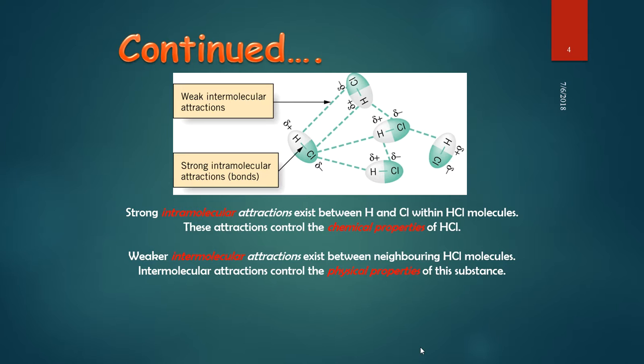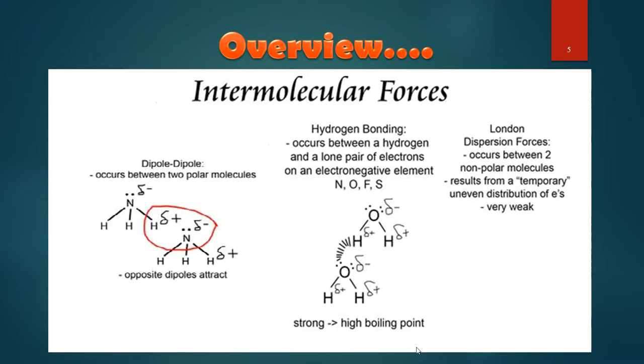It is a weak interaction between molecules, but the strong intramolecular attraction is made from a bond. For example, intramolecular attraction exists between H and Cl within the HCl molecule. This interaction controls the chemical properties, but the intermolecular attraction controls the physical properties of the substance.